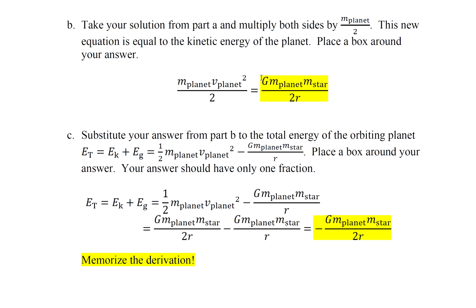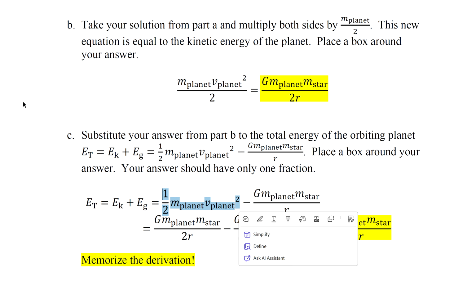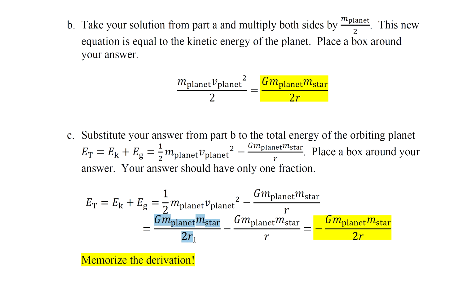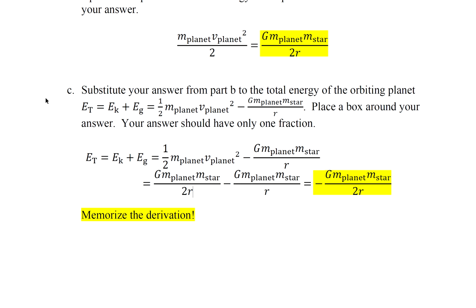So we're going to take this yellow equation from part B and substitute it here, here, and finally here. So now we get minus GMm over 2r. That is the total energy of a planet going around a star. Memorize this derivation.